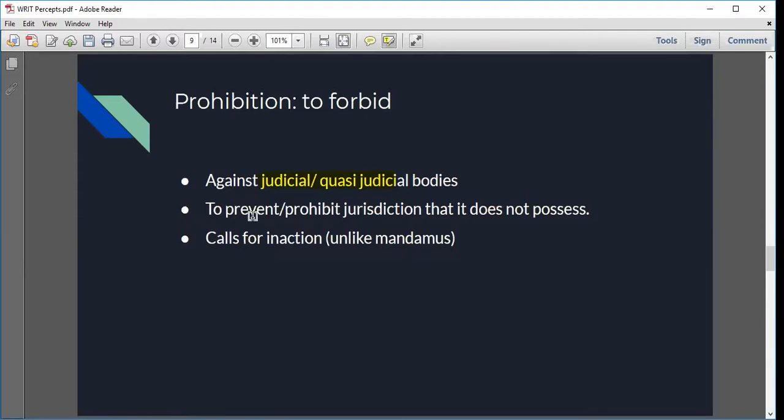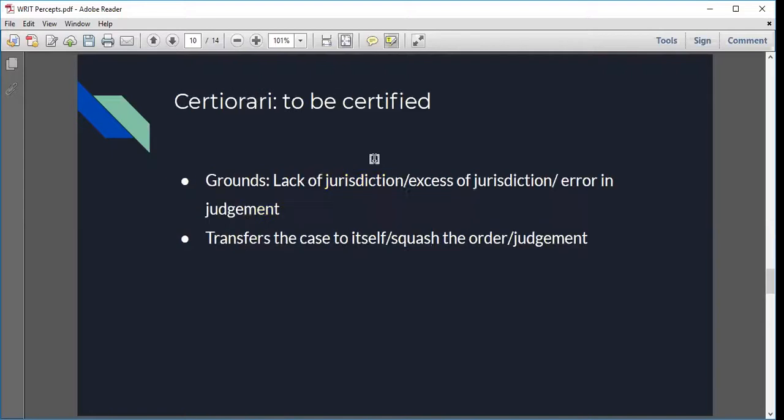So this is to prevent excessive jurisdiction, which the authority does not have. When I say quasi-judicial bodies, they include certain other bodies, such as tribunals and other law enforcing agencies, all those authorities which have certain power to decide.